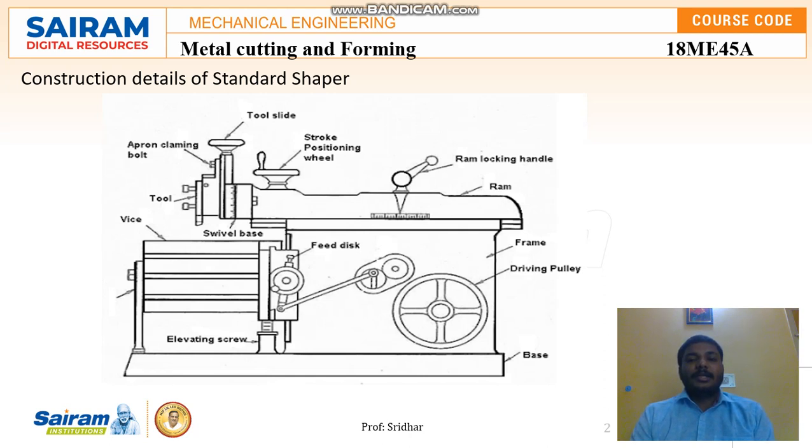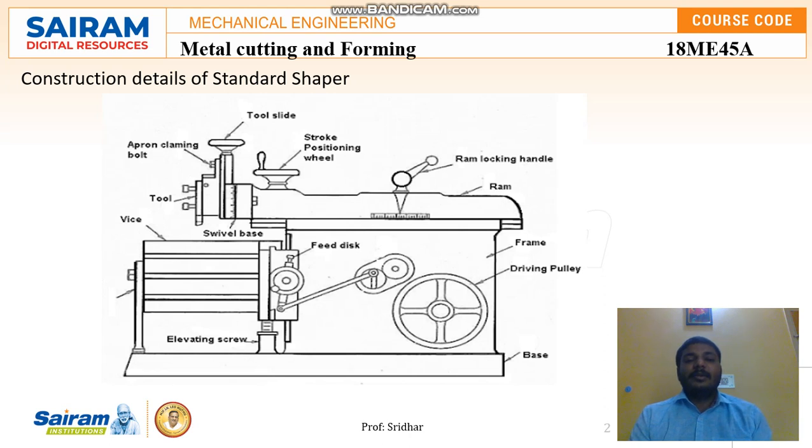Both the cutting stroke and return stroke take place over the same distance, and the cutting stroke and the return stroke take the same time. We cannot remove material in the return stroke, only during the cutting stroke.